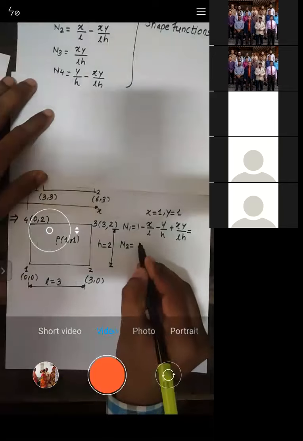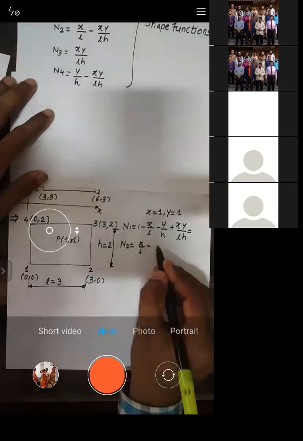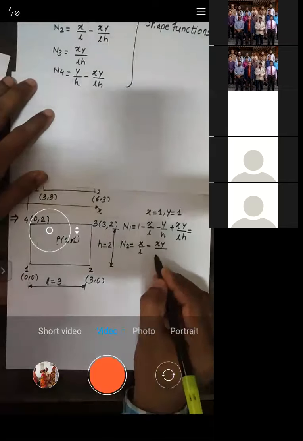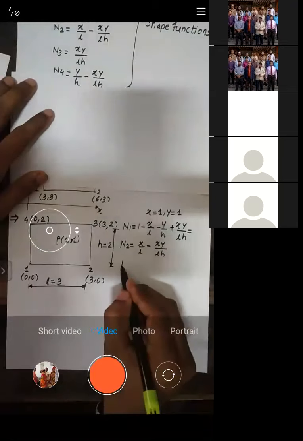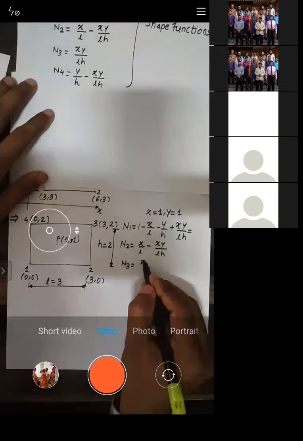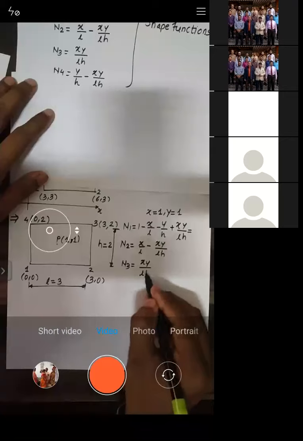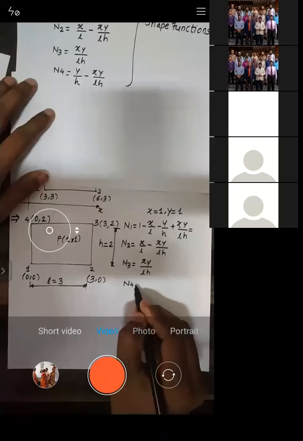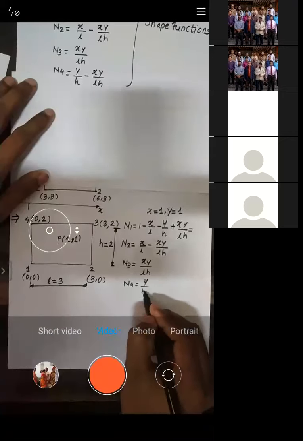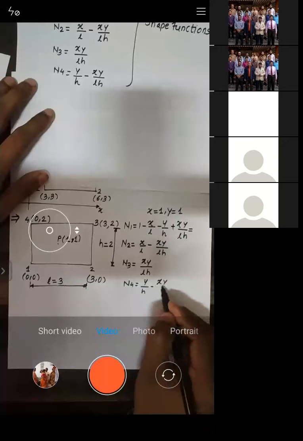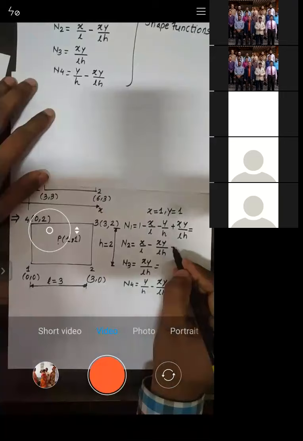Similarly, tell me N2, then N3, and then N4. Tell me these values.